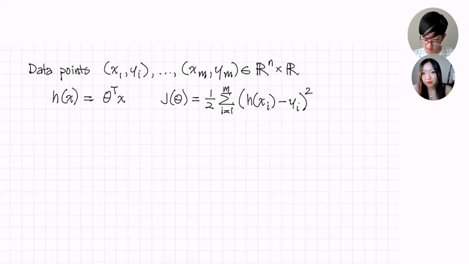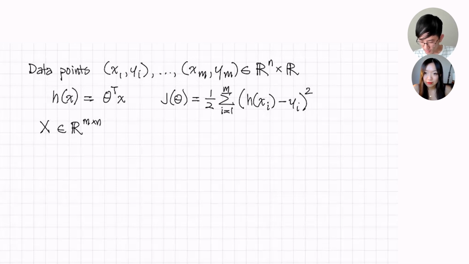So once we know all the data points x_i, let big X be the matrix of all the m examples. So it's this huge matrix of size m by n or n by m.